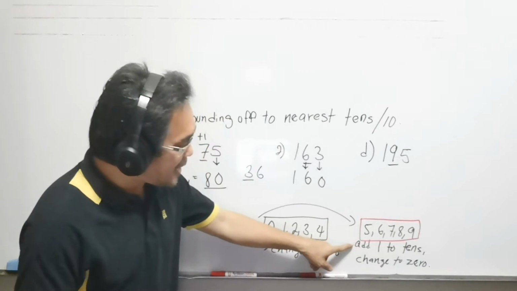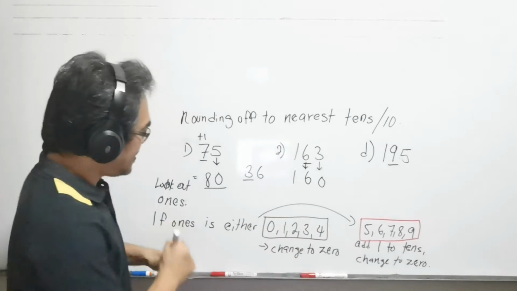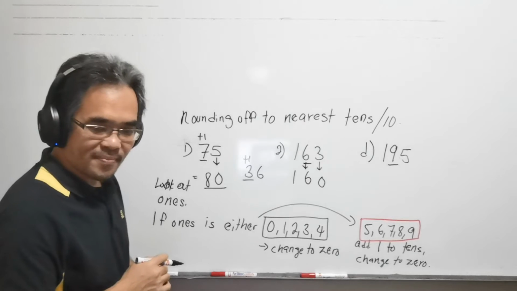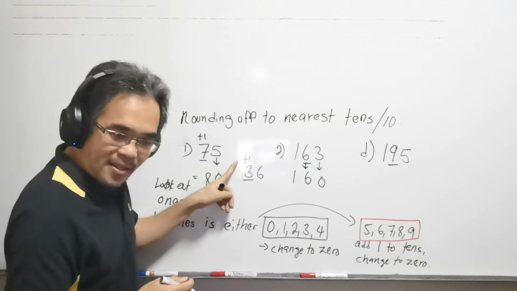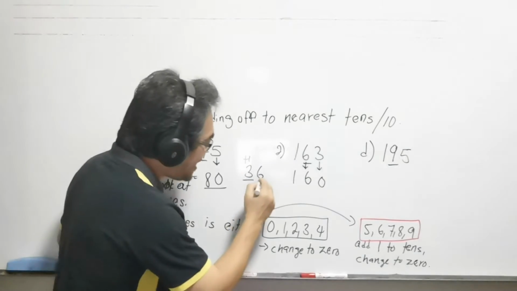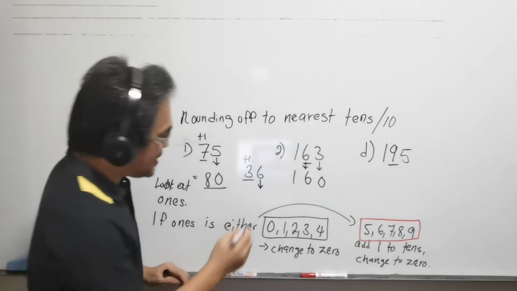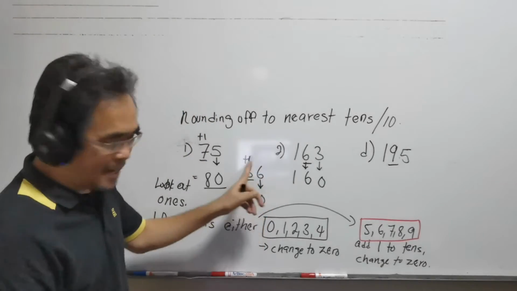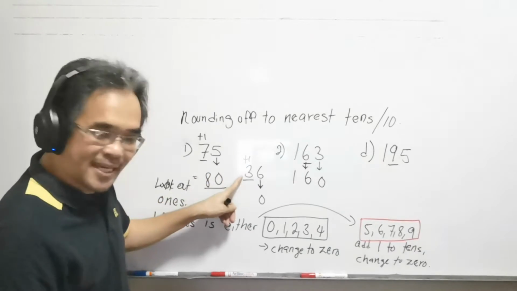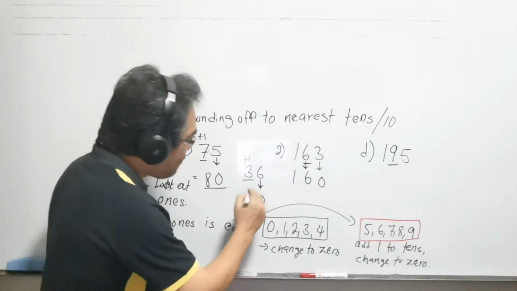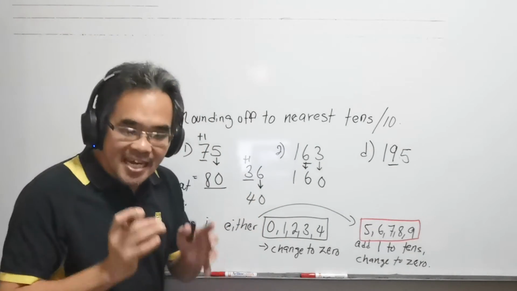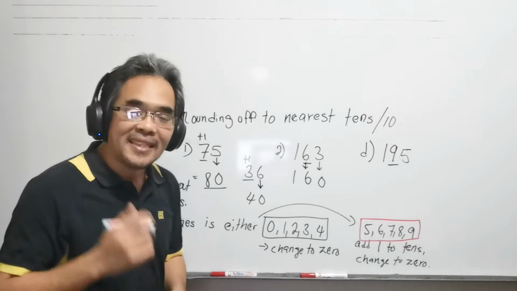We have to add 1 to tens, and then change the number at the back to 0. Then add 1 to 3, so 1 plus 3 will be 4. So it means 36 is nearer to 40 than 30.